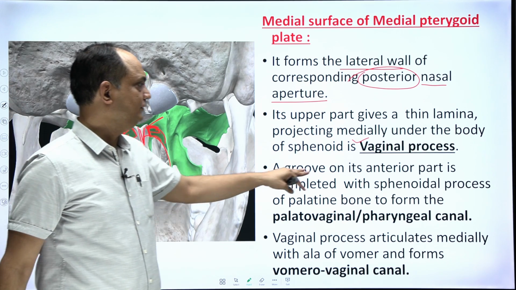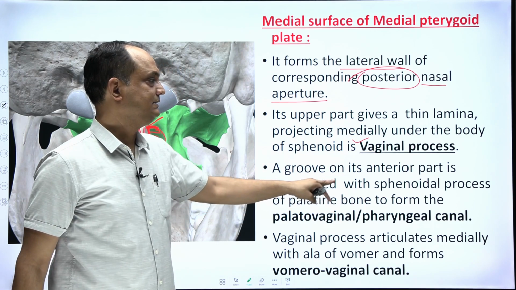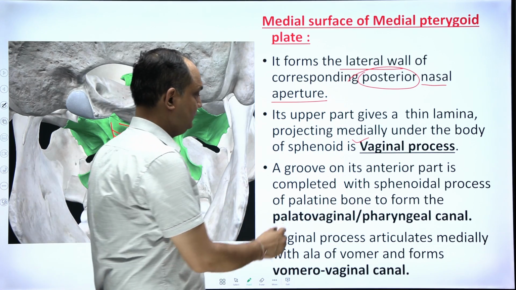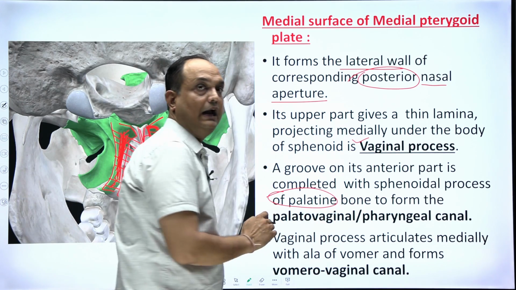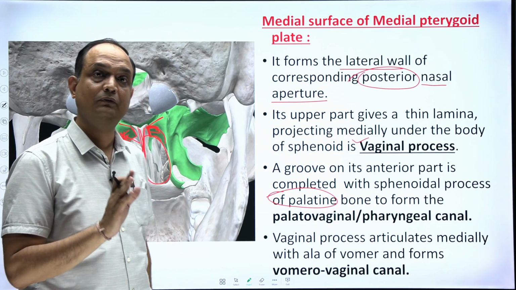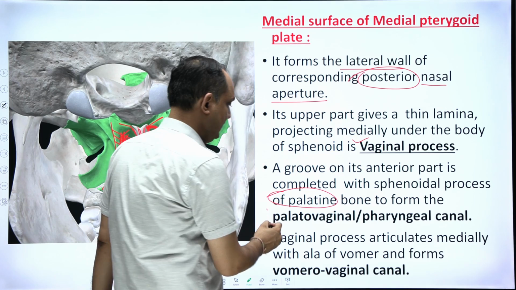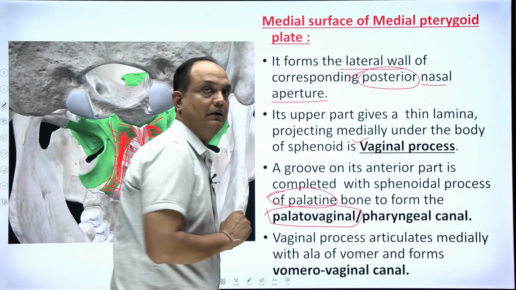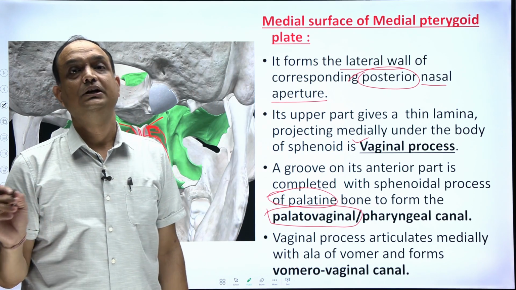Now there is a groove present on the anterior part, and it is completed by the sphenoidal process of palatine bone. And when articulation occurs with the sphenoidal process of palatine bone, then it is known as palatovaginal canal, or it is also known as pharyngeal canal.